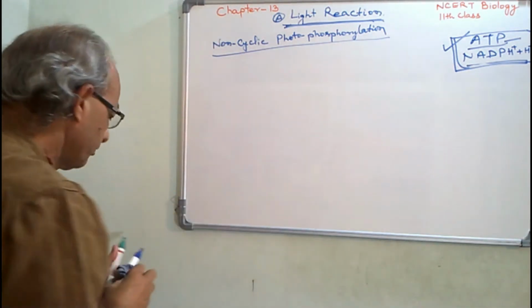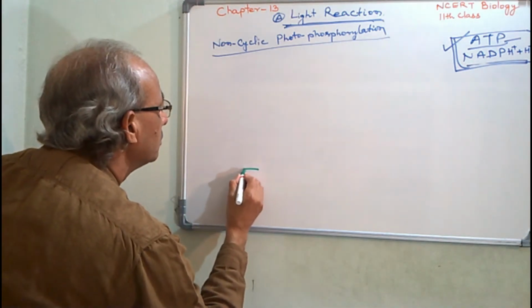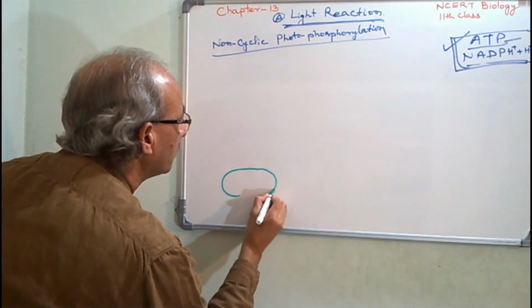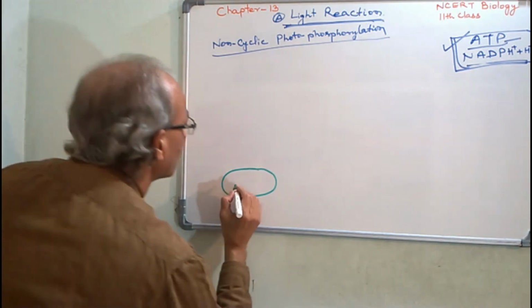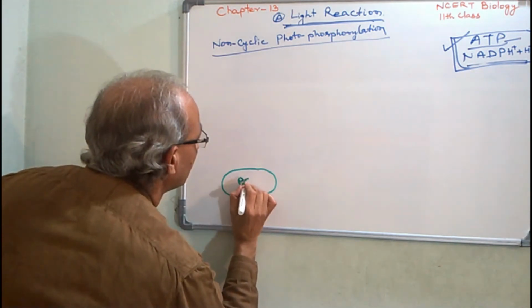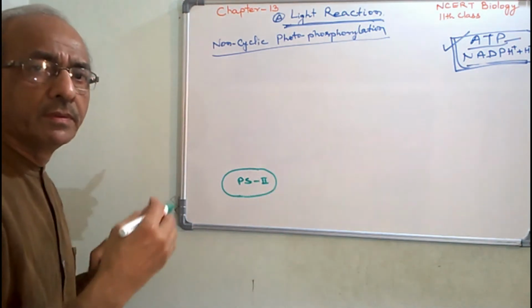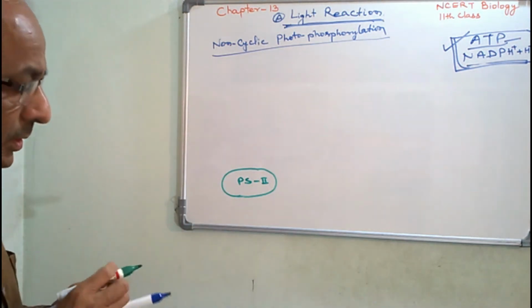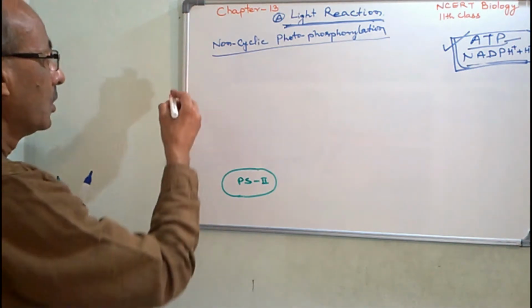In this case, the reaction center of photosystem second firstly takes part in trapping the solar energy or light energy.